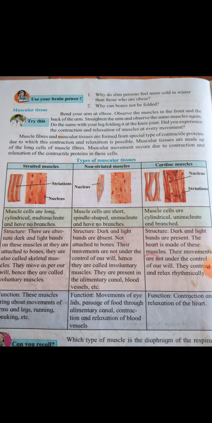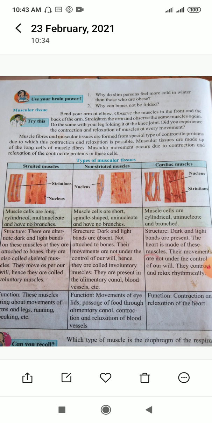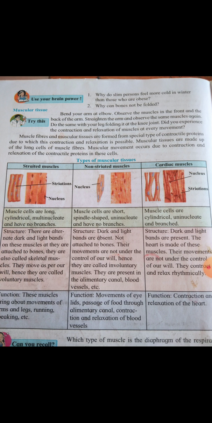Muscular tissues are made up of long cells called muscle fibers. See, if you look at the structure, their cells are long in size, longer than the other tissues.